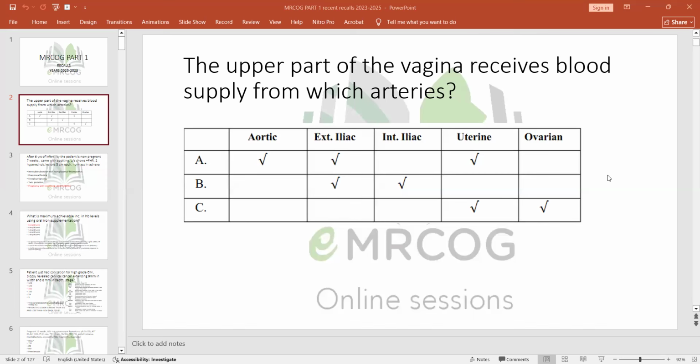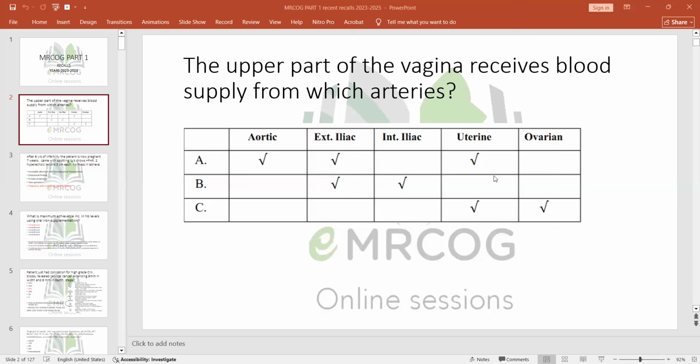Or more precisely, it would be the uterine and vaginal. I'm not really sure that these are the true options, but you are right. Definitely, it's the uterine and vaginal artery. If it's not here, so yeah, anastomosis.